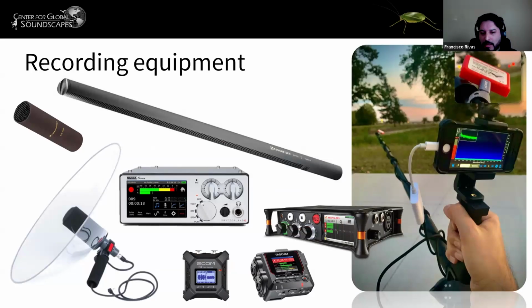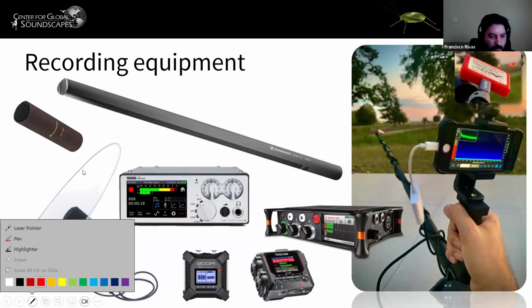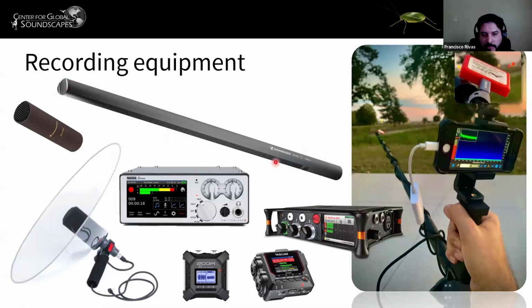So regarding the equipment, I think it's not directly related to the software, but it has some consequences. We have been discussing with some colleagues about the equipment to use. I was advised against using this. Let me see the laser. So this is a shotgun microphone.